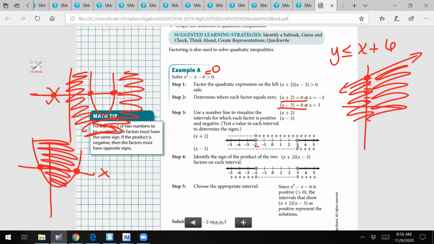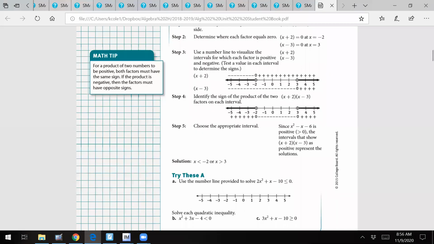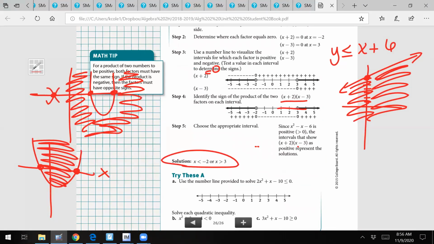So ultimately, your final answer will look something like this. You're still going to have your two solutions. You'll still have the -2, you'll still have the 3, but you're going to have some type of symbol. It's either going to be less than or greater than.